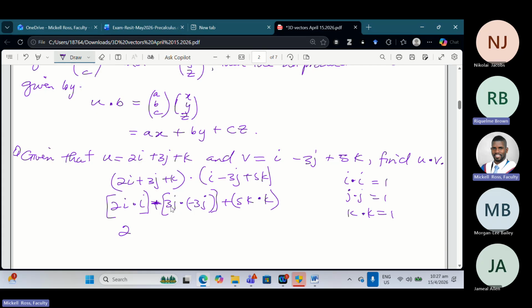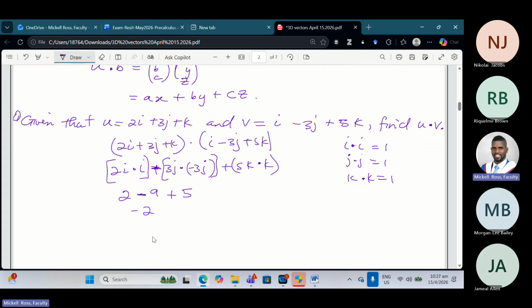Then this is going to be negative 9 plus 5. So 2 plus 5 is 7, minus 9, that's going to give us negative 2 for our answer.